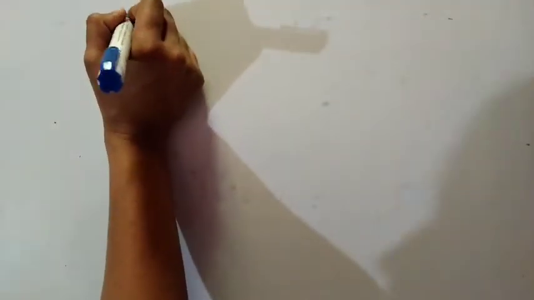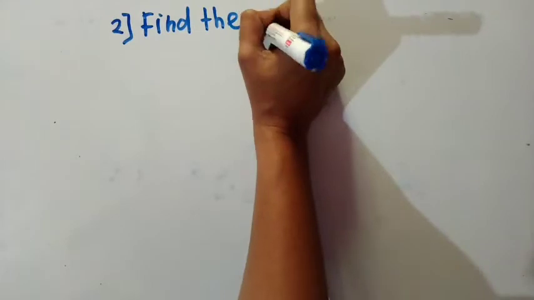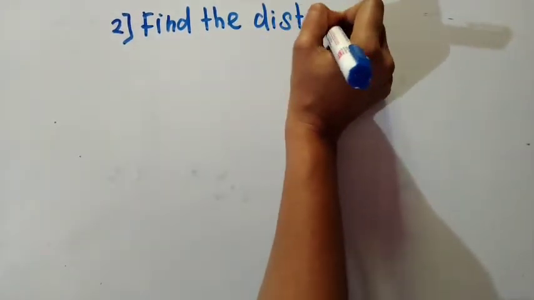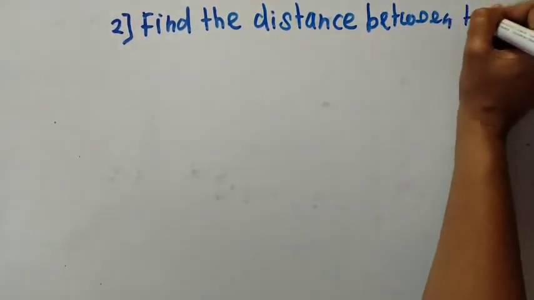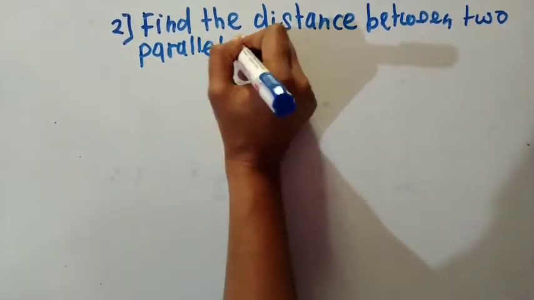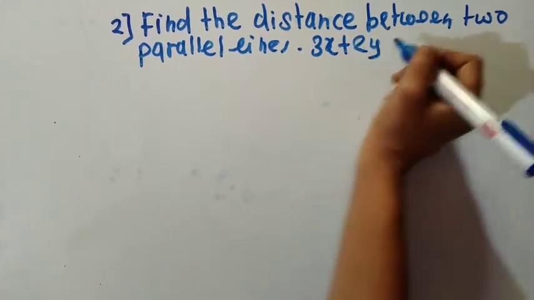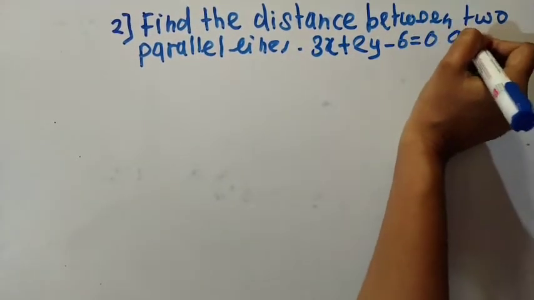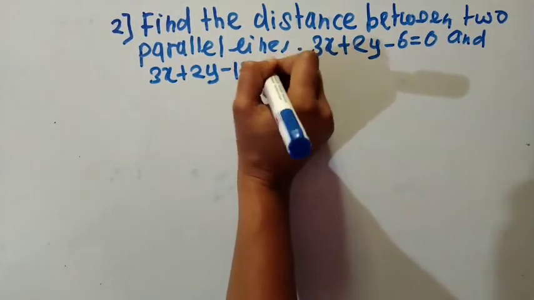Then we take a second example. Find the distance between two parallel lines 3x + 2y - 6 = 0 and 3x + 2y - 12 = 0.